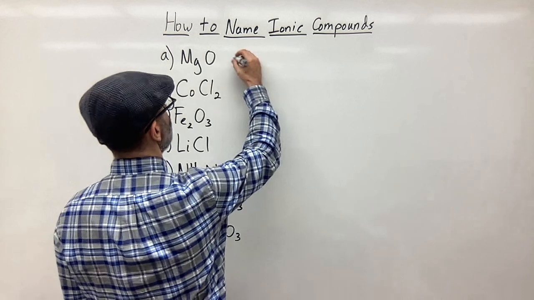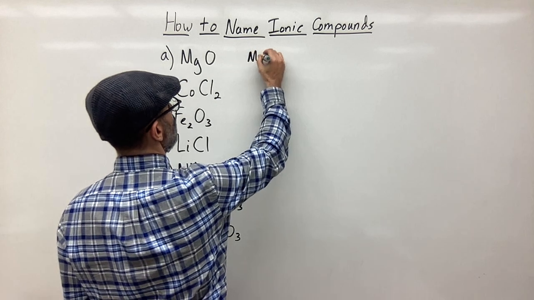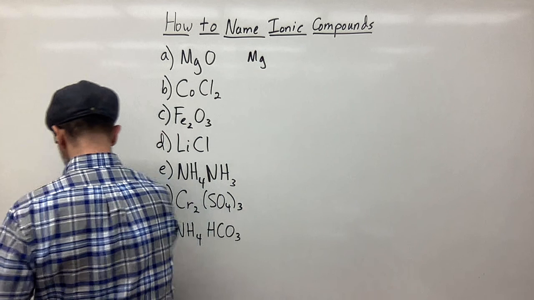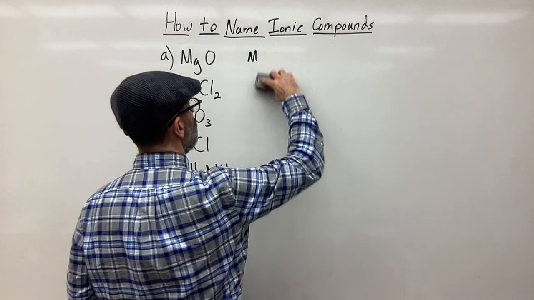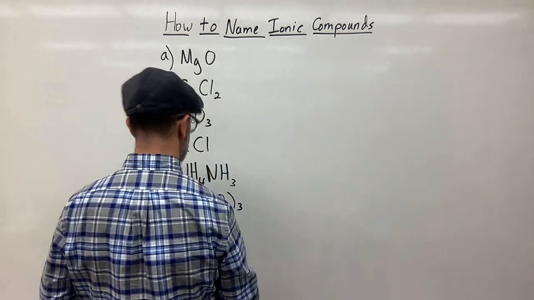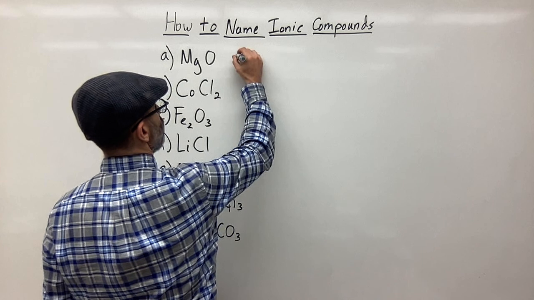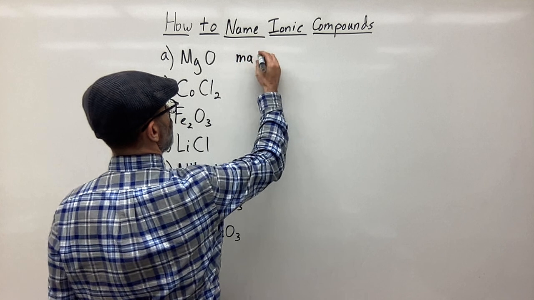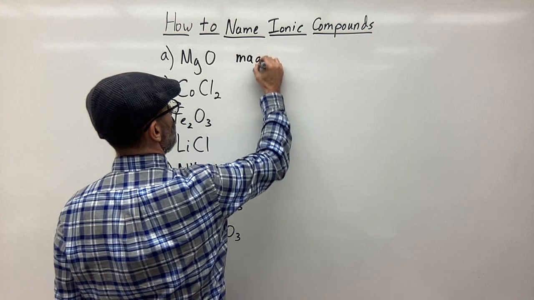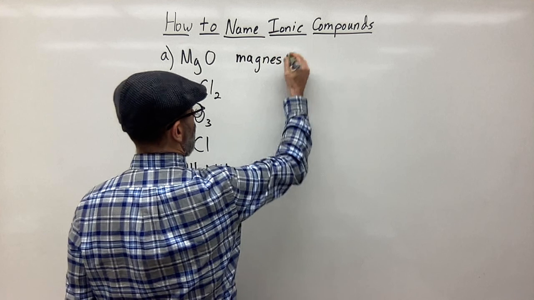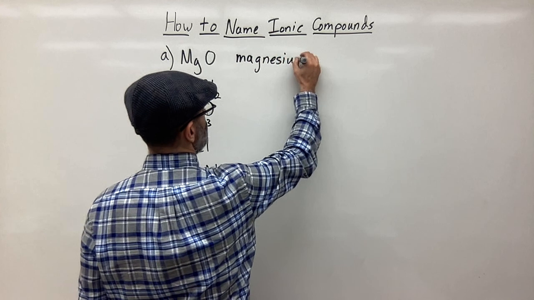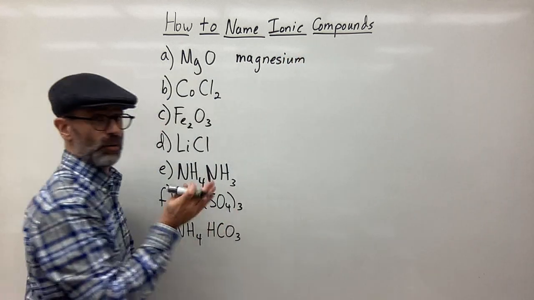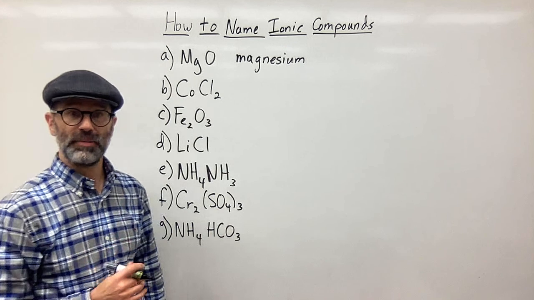So here it's going to be magnesium, right? So it's going to be the first element's name, magnesium, or first ion's name, magnesium ion, right? We won't write the word ion, we'll drop that.